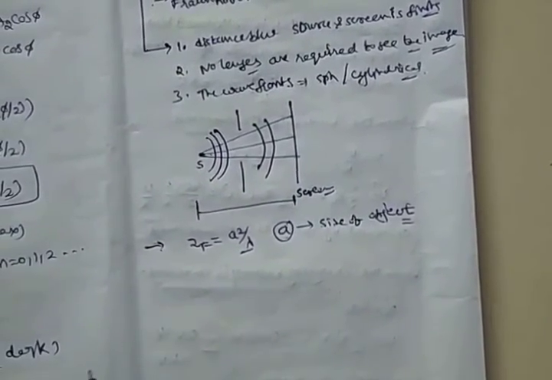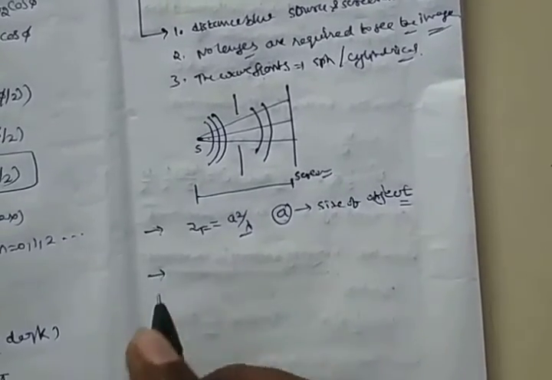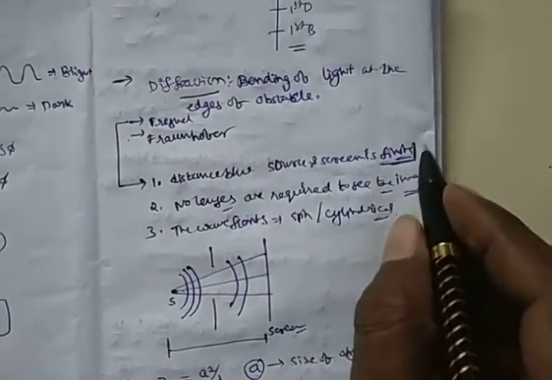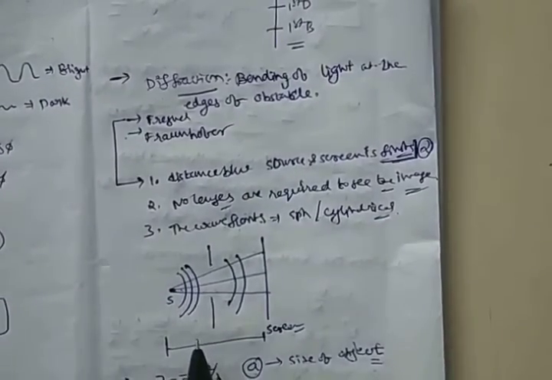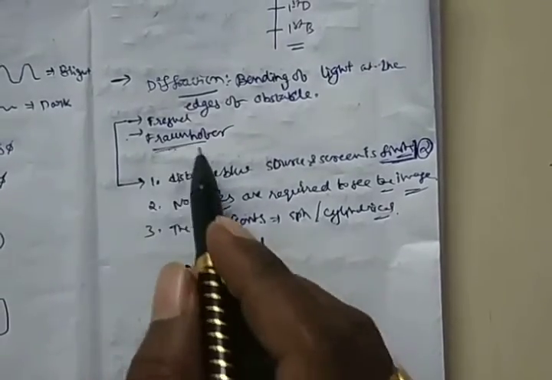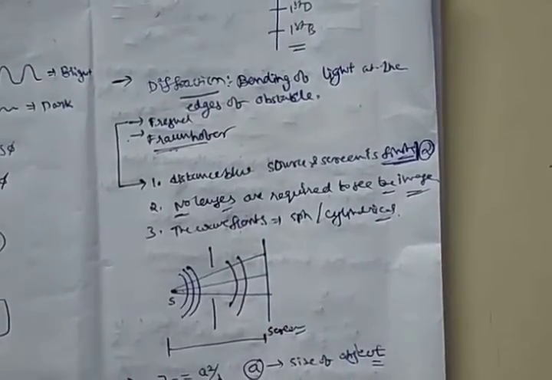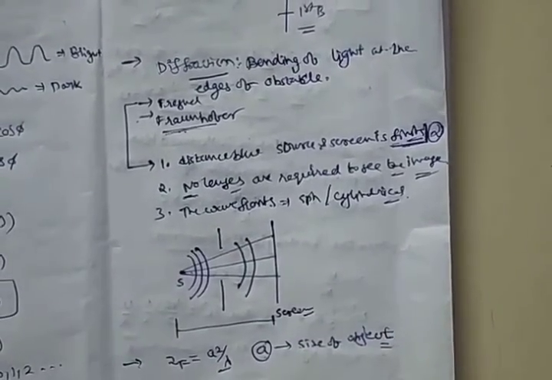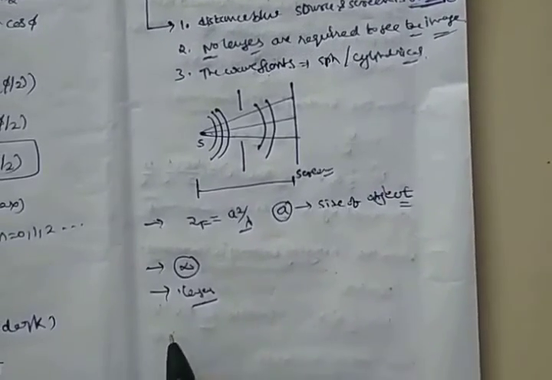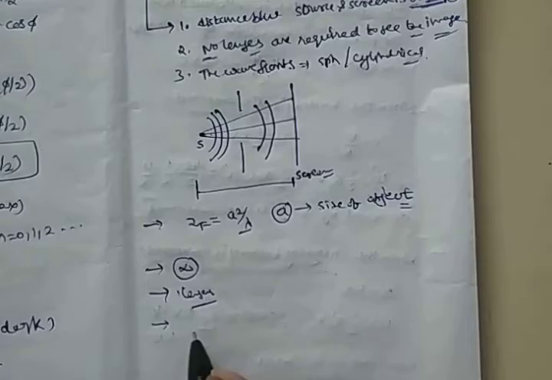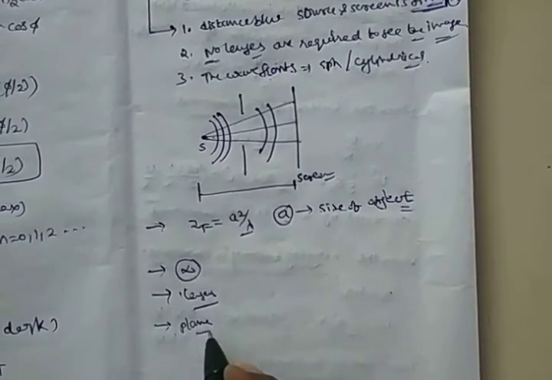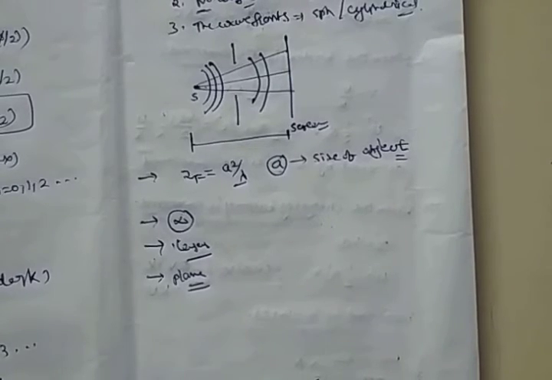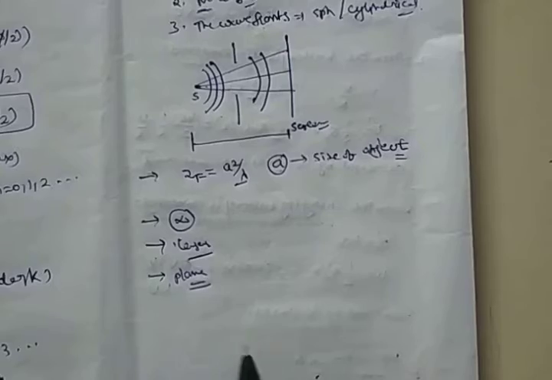Next, Fraunhofer diffraction. Here, instead of finite they are using infinite. Second point, instead of no lenses they are using lenses. Use of a lens is important. Third point, plane wavefronts are used. Because long distance communication takes place, spherical is converted into plane.